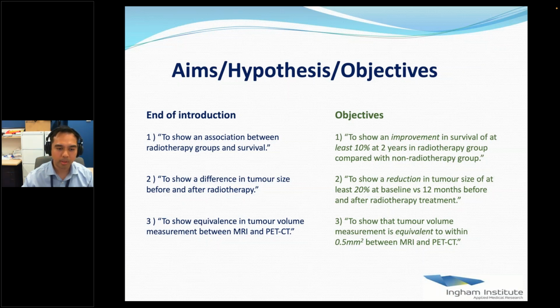So in the first example, I would say that we want to show an improvement in survival of at least 10% at 2 years in the radiotherapy group compared to the non-radiotherapy group. You can see equivalent examples in the further examples.